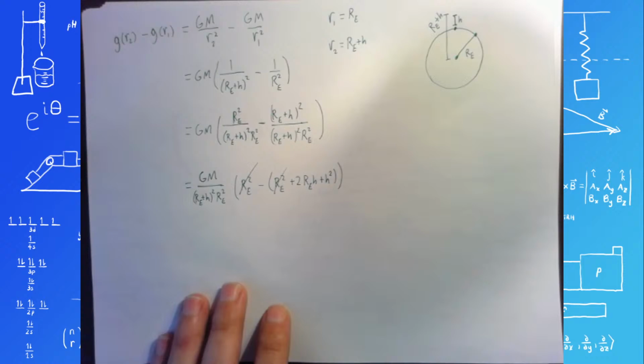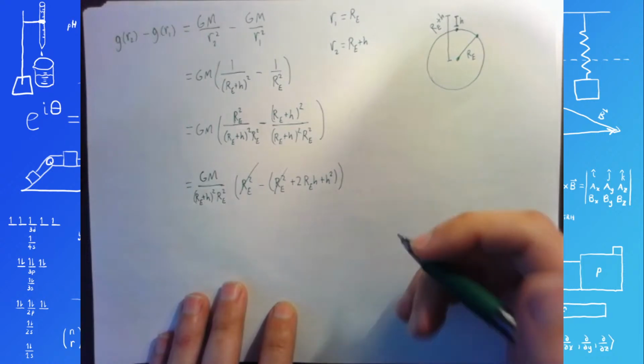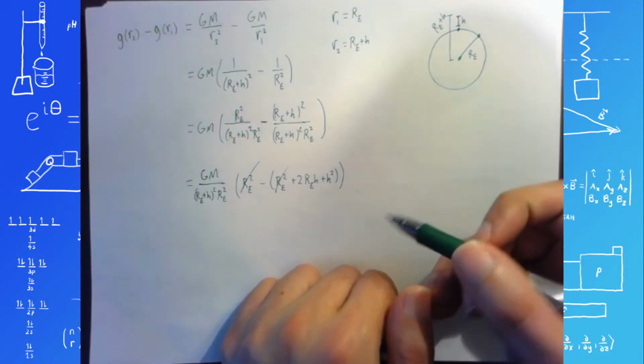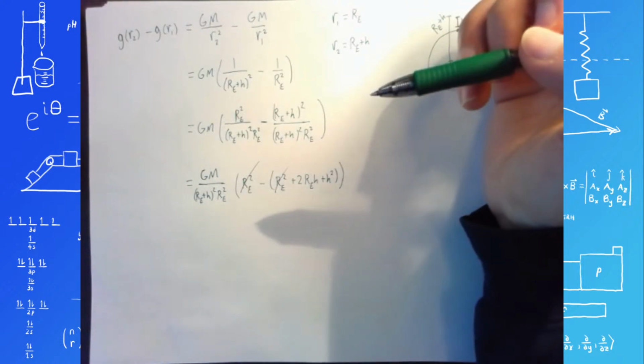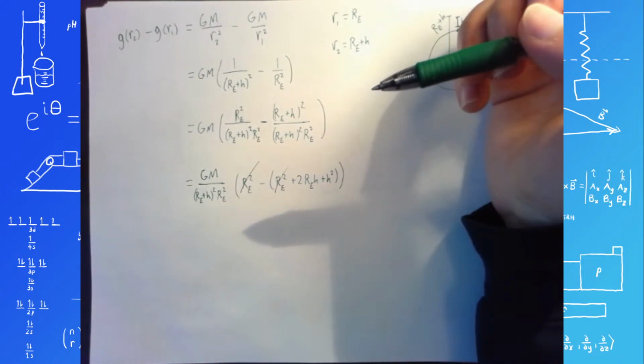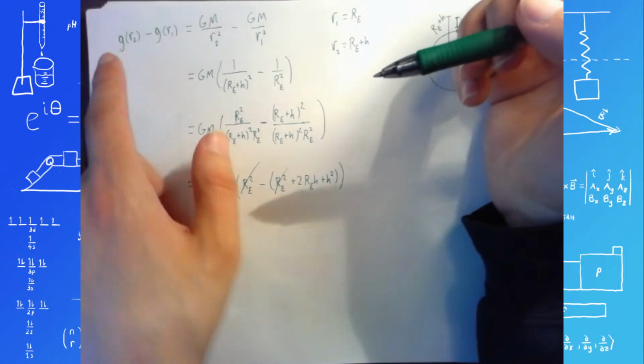And I'm left with, wait a minute. Does that actually make sense? Am I going to get a negative here? Oh, yeah, it should be negative because the gravity at the higher altitude is weaker.